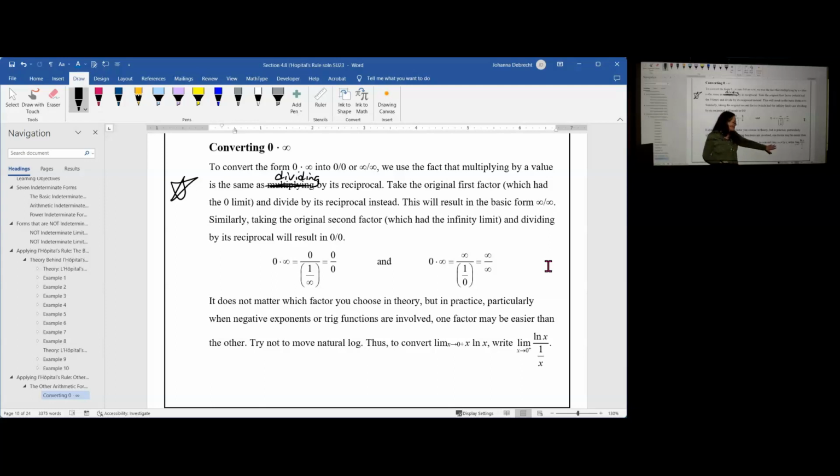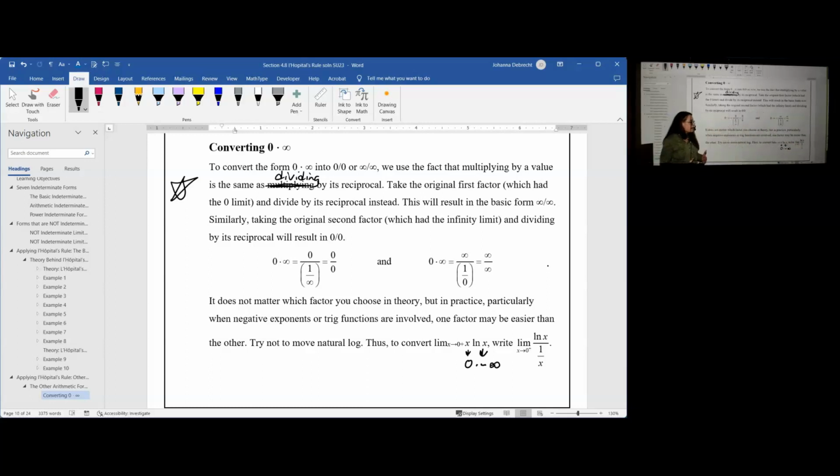So for example, if we're looking at the limit as x approaches 0 from the right of x times natural log of x, where x would be approaching the value of 0, and natural log would be approaching the value of negative infinity, we will leave natural log in the numerator and divide by the reciprocal of x, 1 over x.